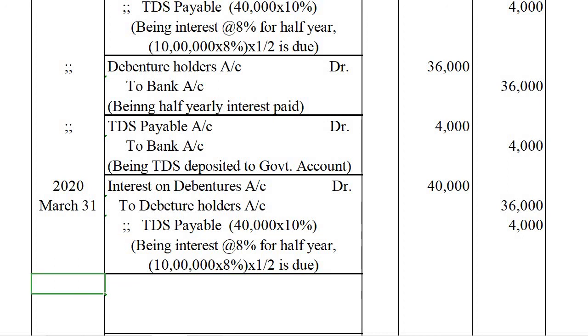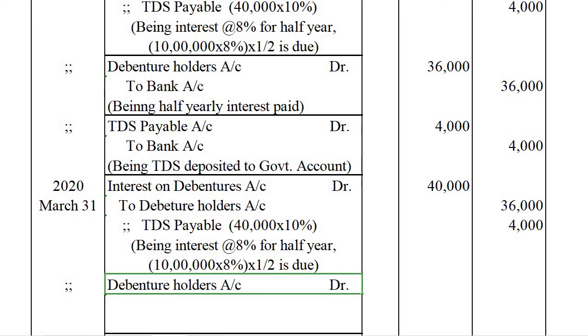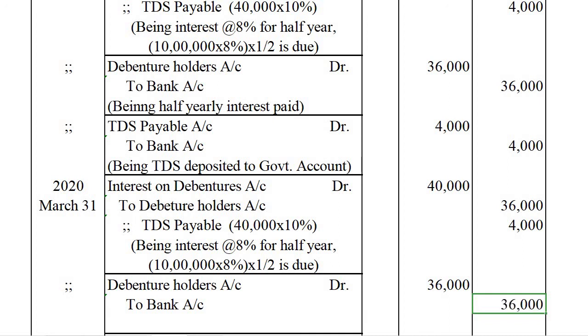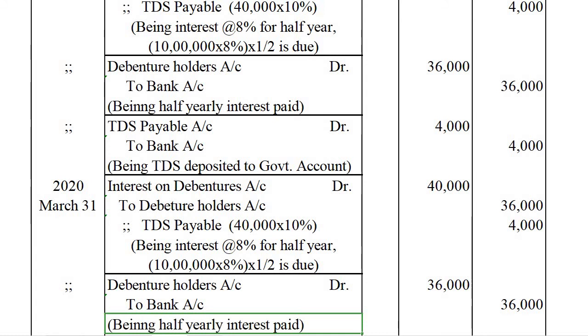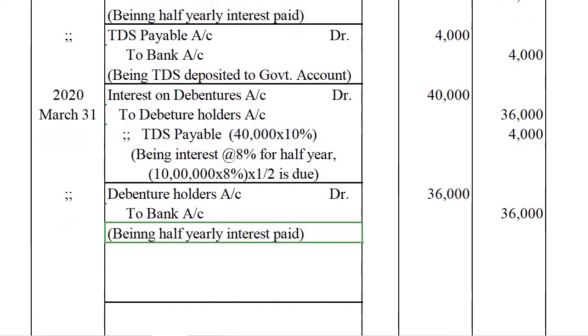Then on the same date we have to write the journal entry for the payment to the debenture holders. We know the journal entry: debenture holders account debtor 36,000, to bank 36,000, and the narration being half year interest is paid to the debenture holders.